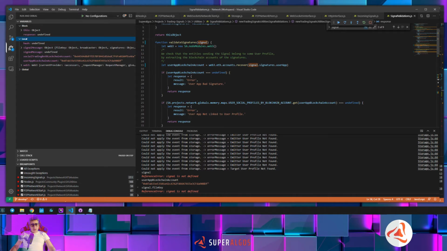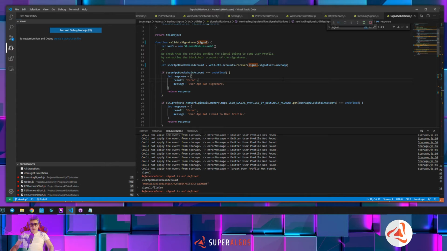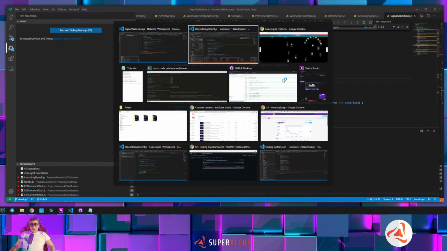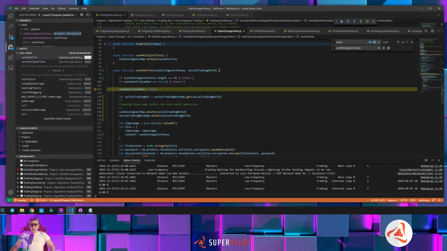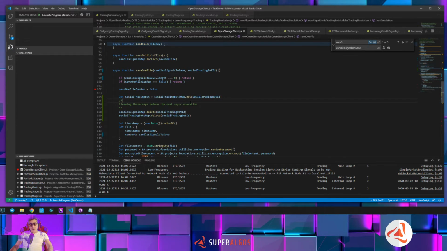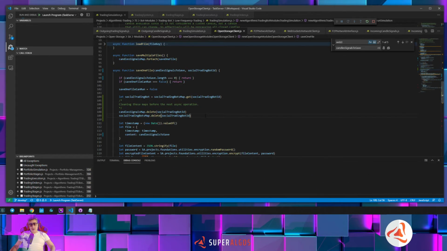Maybe because I refactored this but never stopped it and ran it again. There's no signal message here. I don't understand. Okay, let's do one thing. We run this again and we run this guy again. We don't need it to stop here anymore.